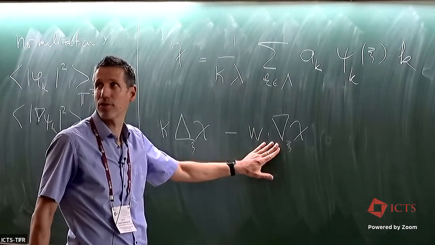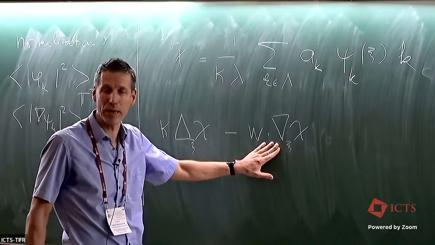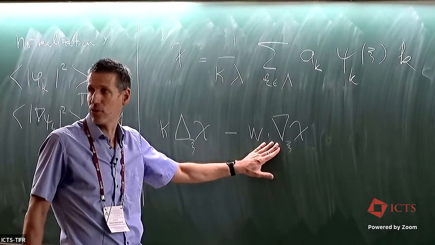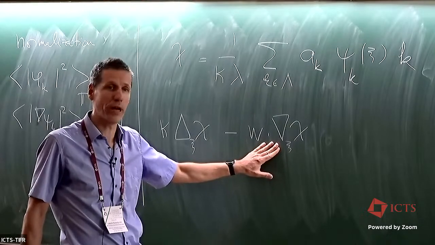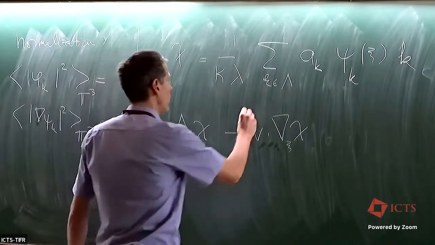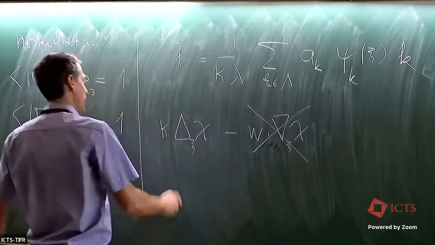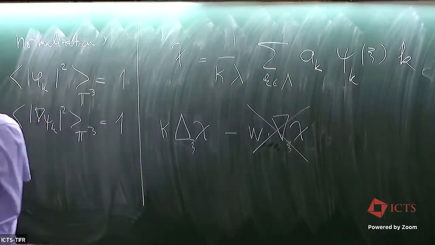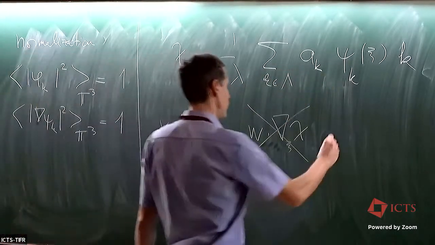If you recall from yesterday's discussion, this is the main culprit. This is the dangerous term. If this is not 0, it will destroy any hope of good estimates. Here it's exactly 0. And then kappa times the Laplacian, well, this is how it's defined. It's just W.